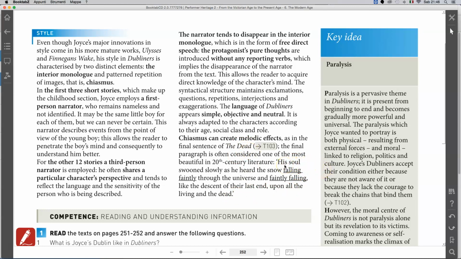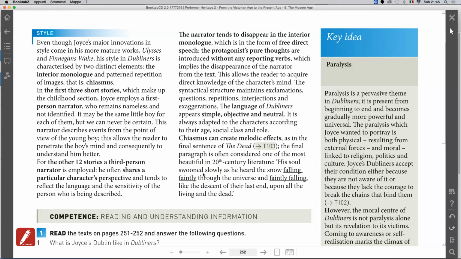And Gabriel, after his moment of epiphany, we have the description of his soul swooned, which is fainted with emotion.